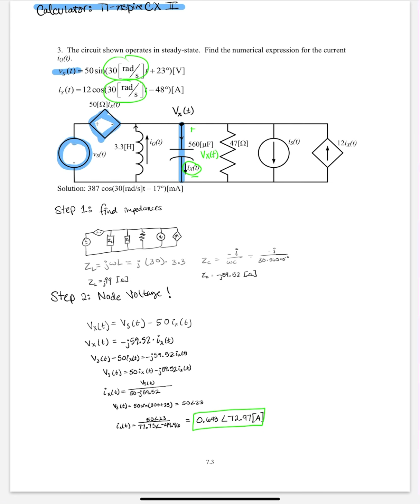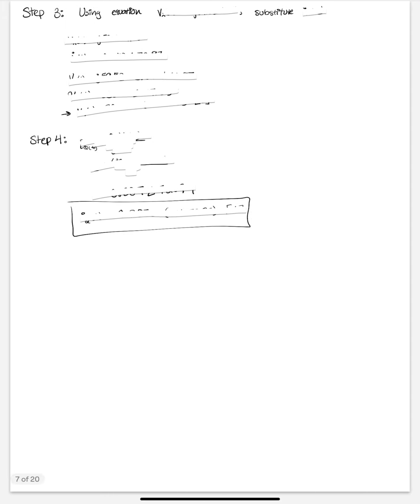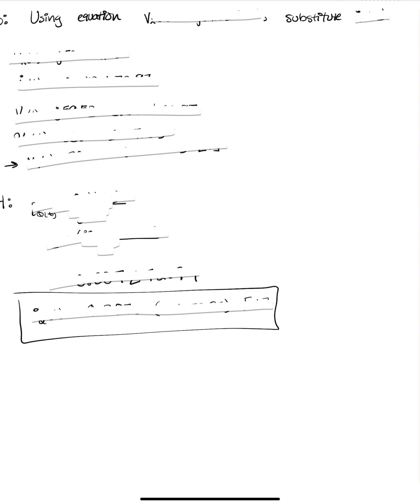And remember that we want to find our Iq of t, and we've already found Ix of t. So what we can do is use our Vx of t equation from before and substitute our new Ix of t.